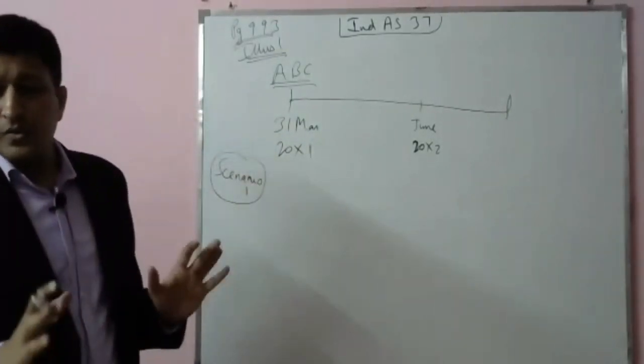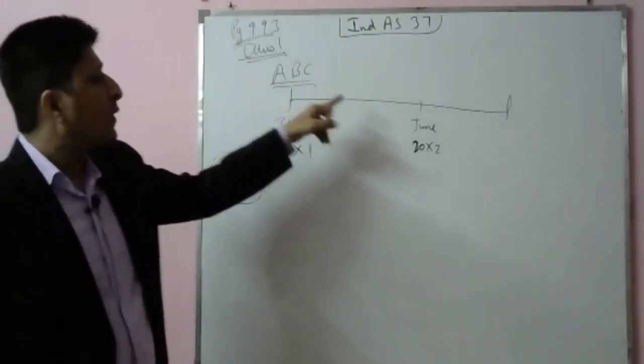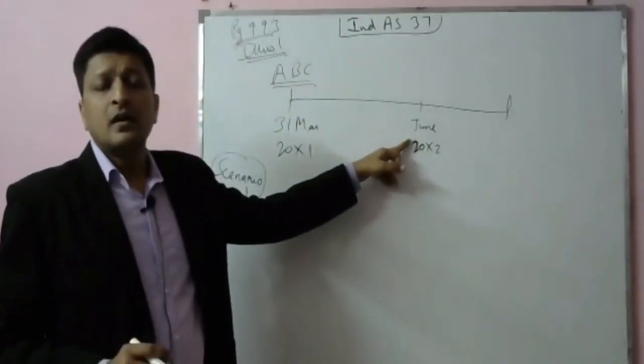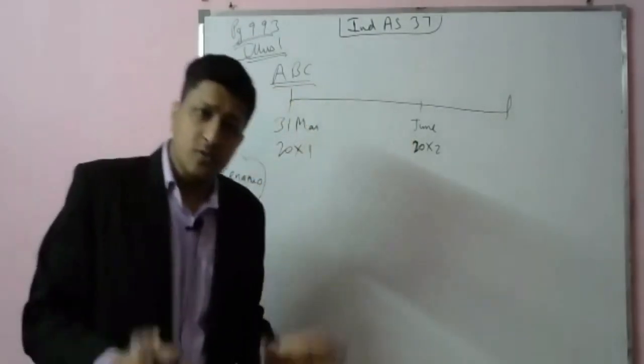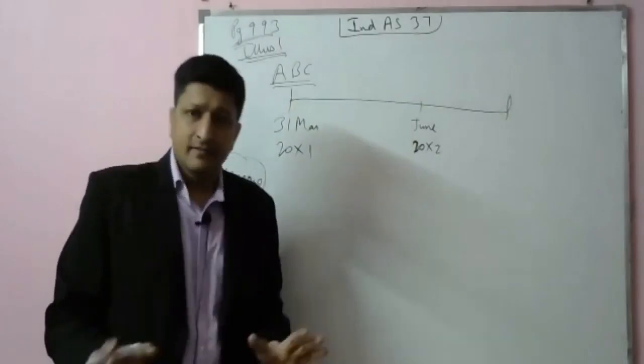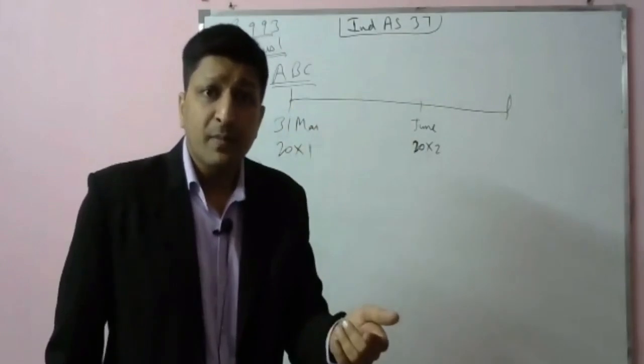As per the terms of the contract, ABC is required to deliver in June 2002. Today, ABC knows it will get delayed. But when would this delay happen? In June.